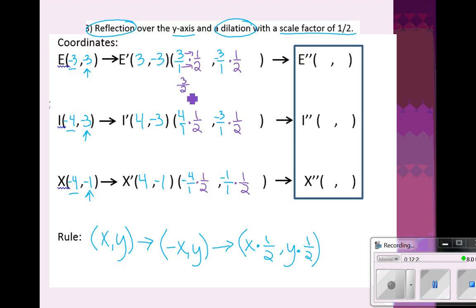Because it is an improper fraction, I need to change it to a mixed number so that I can plot it. So we do 3 divided by 2. 2 goes into 3 one time. I'm going to make that number big because it's going to be my whole number in my answer. 1 times 2 is 2. 3 minus 2 is 1.